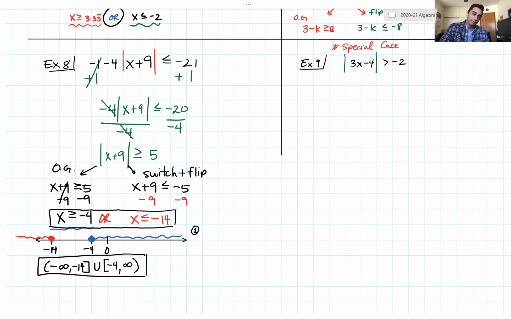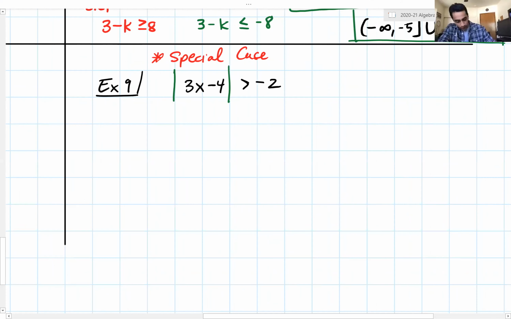Okay, maybe. Let's see. All right, so if all else fails, start by just writing down both inequalities, right? You know that it's an or problem, so let's do that. We can always then find a way to see whether our work was justified later down the road. Since it's already pointing away from the absolute value and there's nothing else that we need to eliminate from it, let's think about what this is saying.